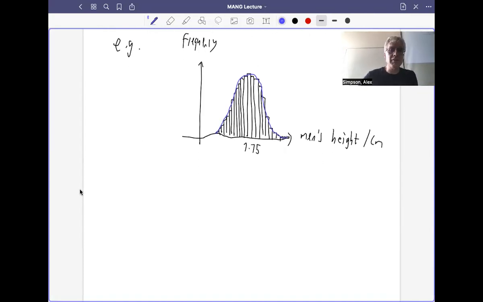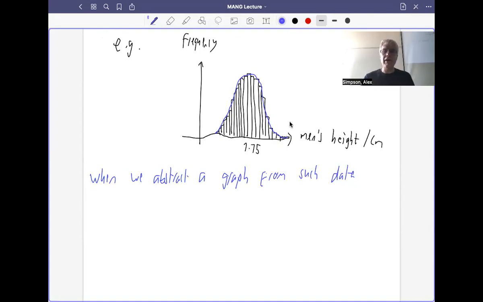So when we abstract a graph of a function from such data, the blue line is the graph of a function, we very often see, and there are mathematical reasons that we see this, which I won't go into, we very often see the same picture emerging, which is this particular shape of curve.